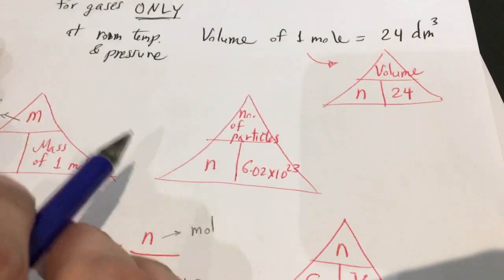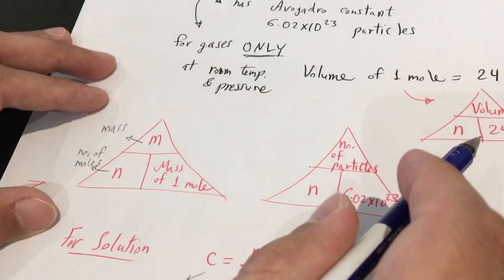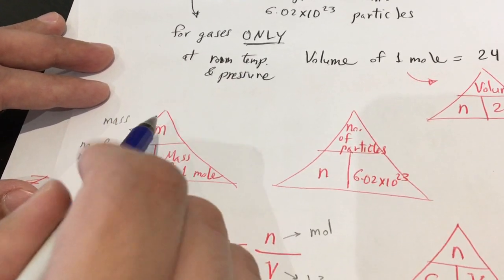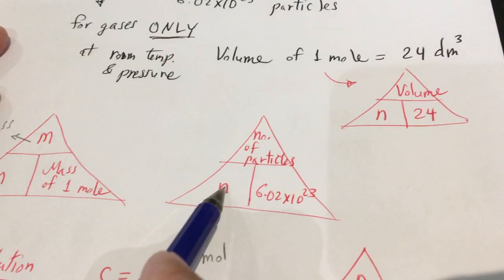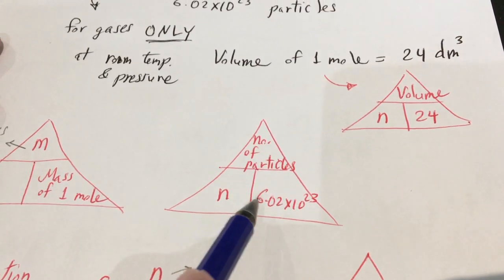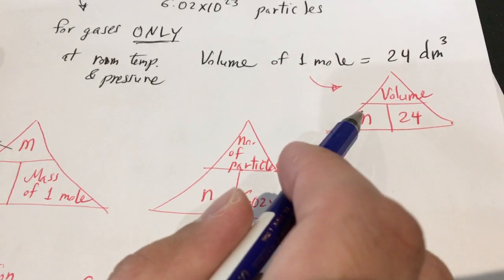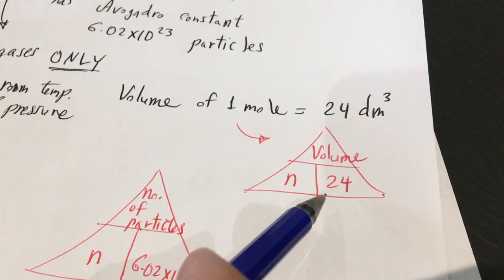So to answer questions in chemical calculations, you need to know these laws. First, the number of moles equals mass over the mass of 1 mole, and the number of moles also equals the number of particles, atoms or molecules or ions, over Avogadro constant. And for gases only at room temperature and pressure, the number of moles equals volume over 24.